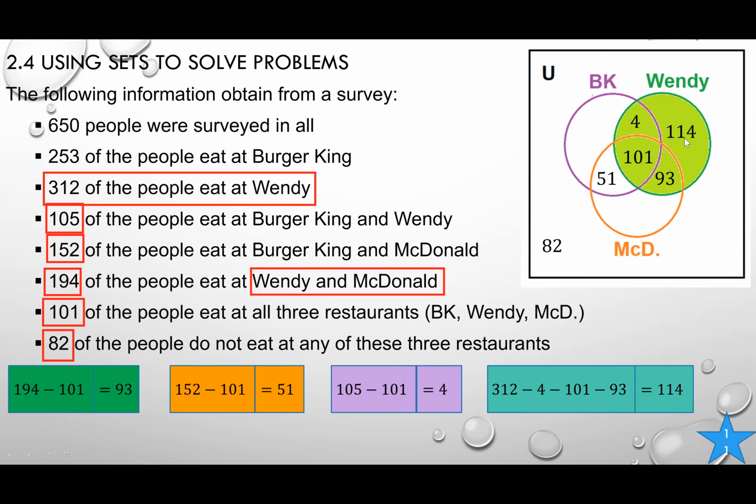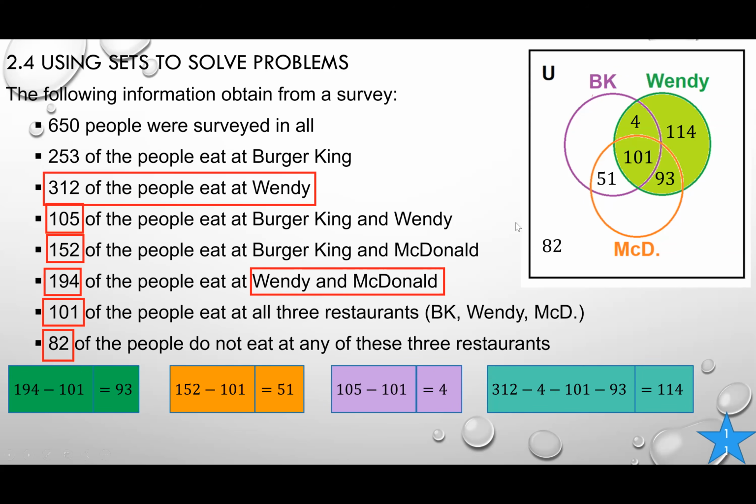Meaning there are 114 people who eat just at Windy. Based on this survey, I have 114 people who eat just at Windy. They don't like Burger King and they don't like Medano. They eat at Windy only.